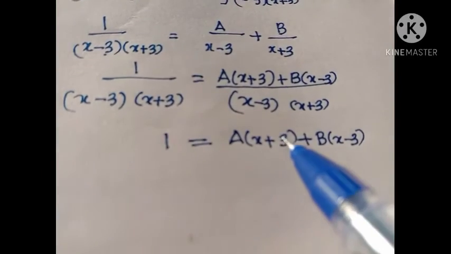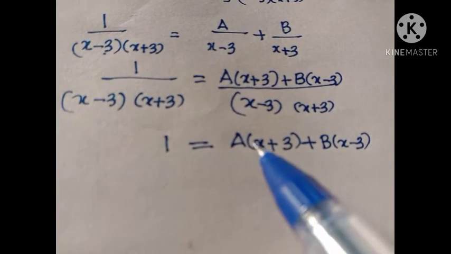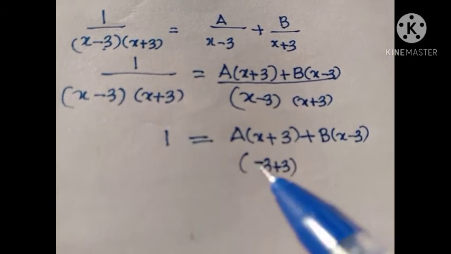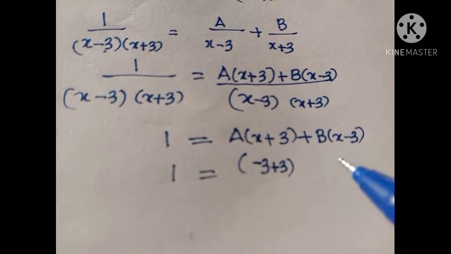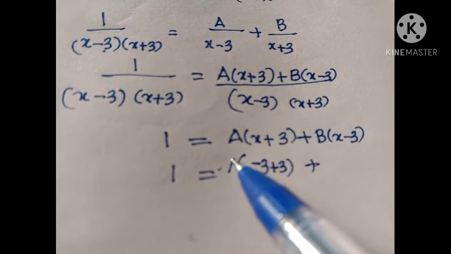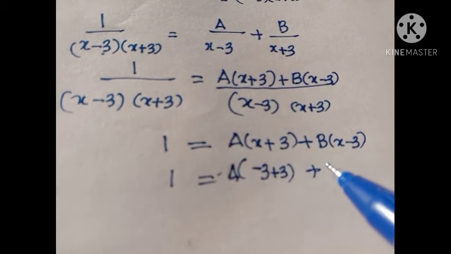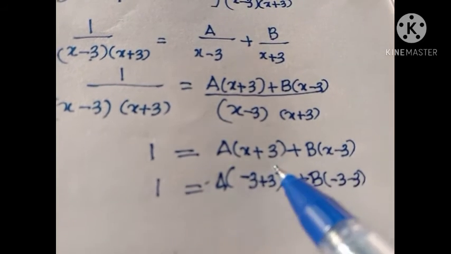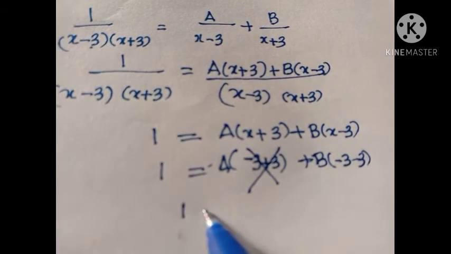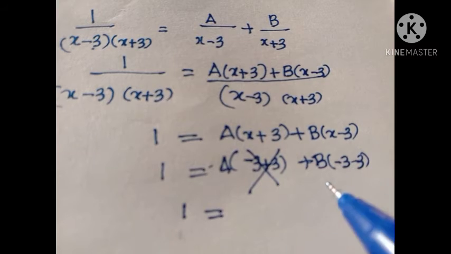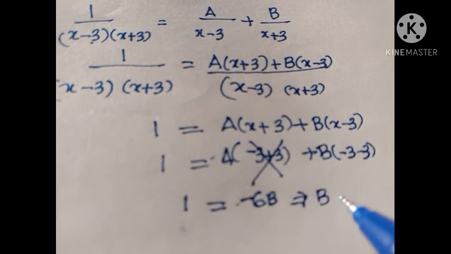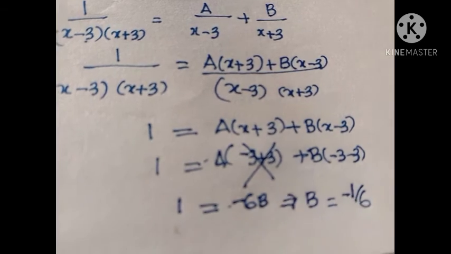Now first remove A or B. If we put x equal to minus 3, A becomes 0. Okay. So put x equal to minus 3: A into minus 3 plus 3 plus B into minus 3 minus 3. So this becomes 0. 1 equal to minus 3 minus 3, minus 6 B. So B equal to minus 1 by 6.